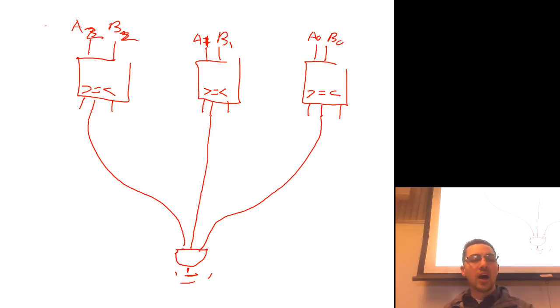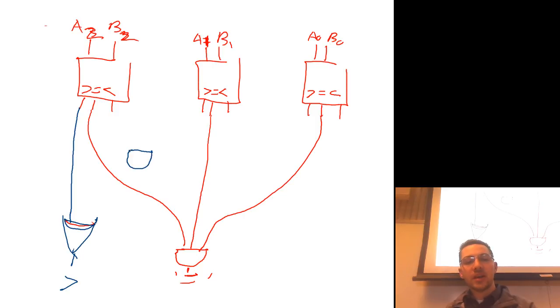Our greater than logic has a couple of different ways it can be true. First off, let's go to a different color. If the most significant bit is greater than, we're definitely going to be greater than. Otherwise, we have another option here.